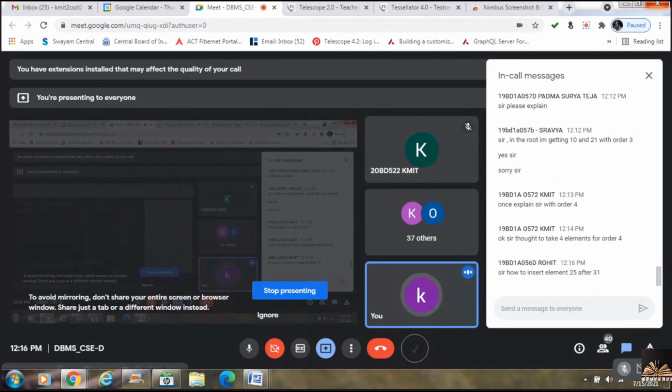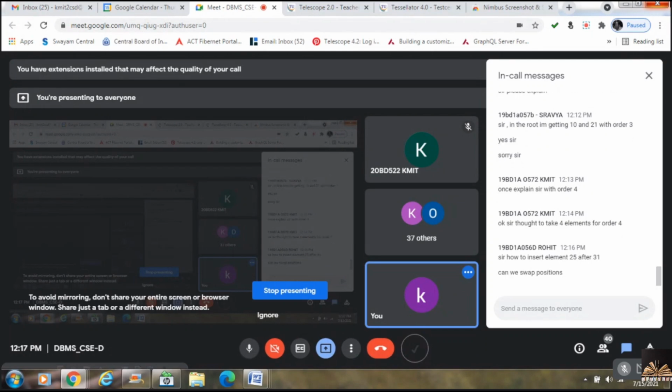25 is less than 31, amma. You have to place it in its proper position. Then splitting is required. You split the node. No, no. Is splitting required over there, Rohit?